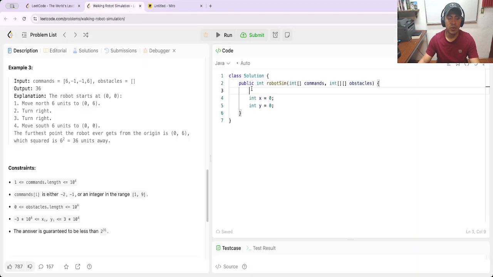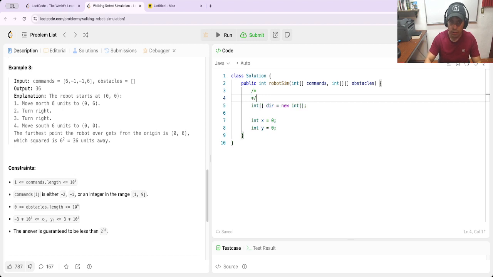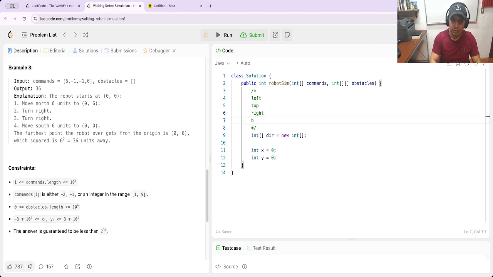Maybe with a single string, yeah, directions it's equal new int, and we know that, for example, the first it's left, top, right, bottom. Yeah, it's for indices. The index 0, the index 1, the index 2.